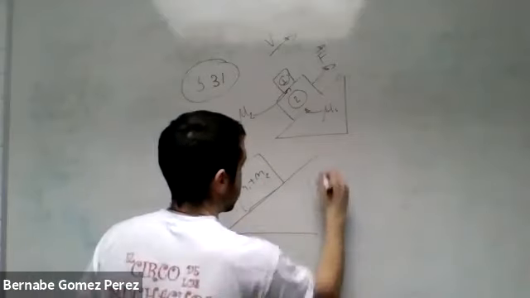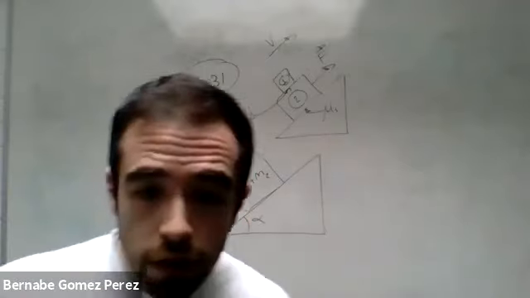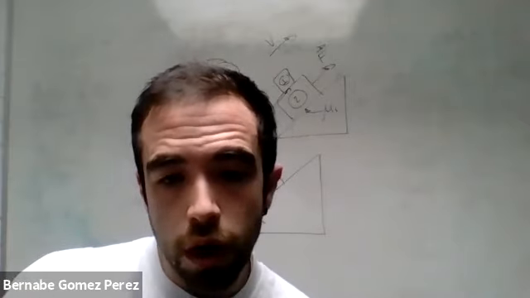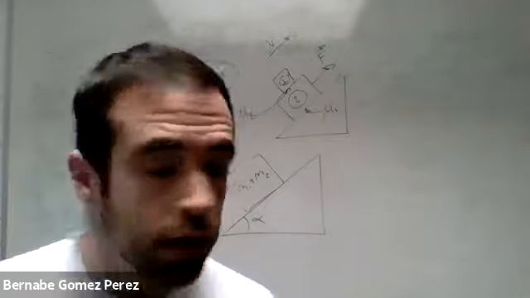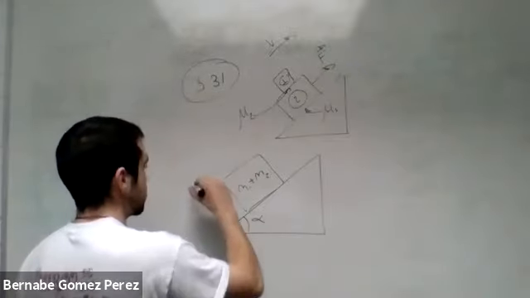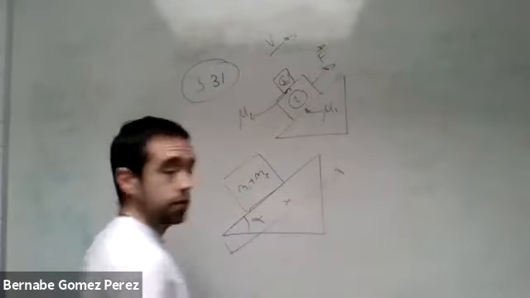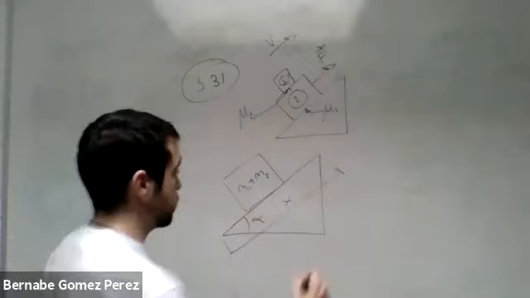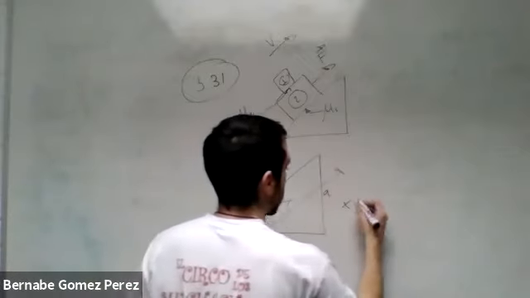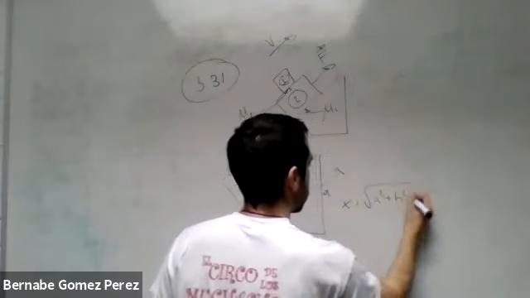And then, well, the first thing that you have to do is to calculate this angle, because I think you're not provided with the angle and you have to calculate it. I hope you all know how to calculate angles, right? So I think the first thing that you have to do is to calculate what is this distance? X, let's call it X, okay? Which you can say, okay, X, this is A, this is B. So X is gonna be equal to A squared plus B squared, okay?